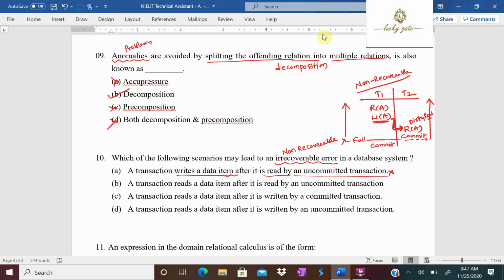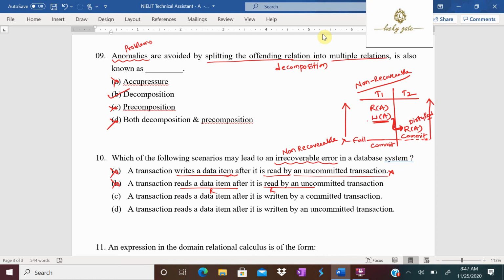When it is possible, first it should write, then it should be read. Option B: a transaction reads a data item after it is read by an uncommitted transaction. Read is not a conflict, so option B is also incorrect.